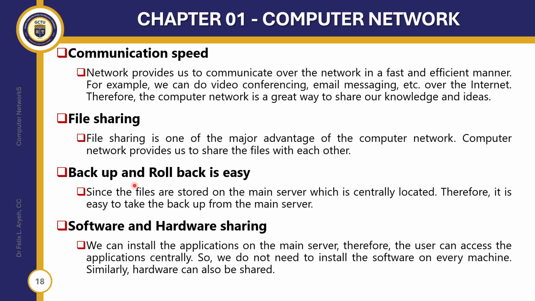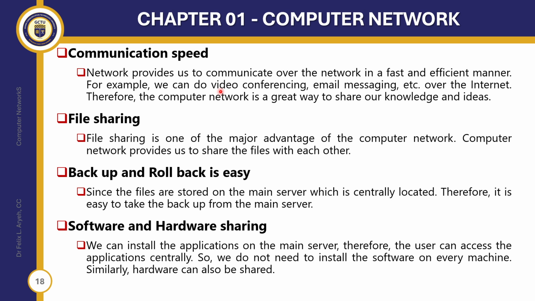So the computer network is a great way to share our knowledge and also our ideas. Communication speed is one key feature of a computer network. And because of that, we are able to transfer data from one point to the other, irrespective of the geographical location. And such message or data is able to be sent at a faster speed.